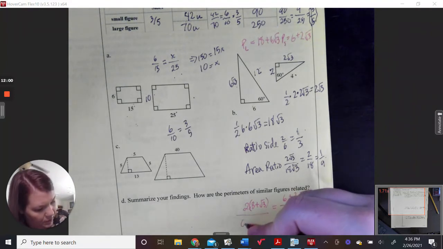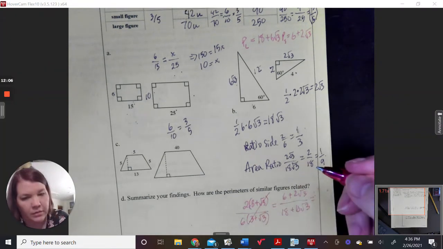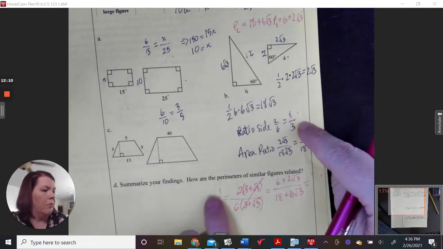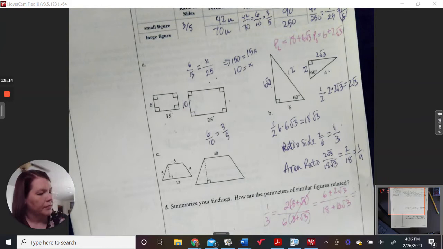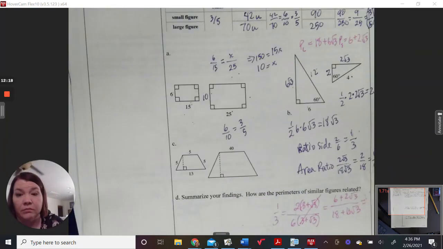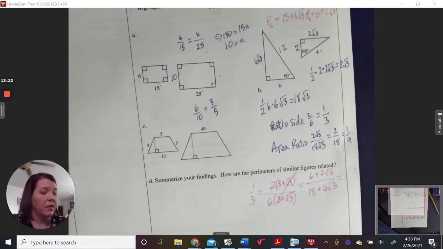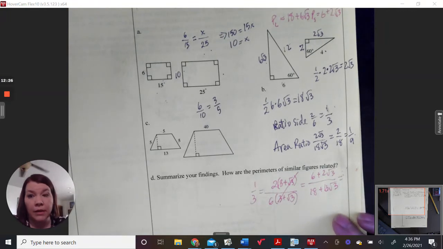This one, what do you think? We're not going to do this one because I don't want this video to be ridiculously long. Perimeter is a linear factor. Do you all agree? Perimeter is linear. Area is square units. Perimeter is linear units. Volume is cubic units.